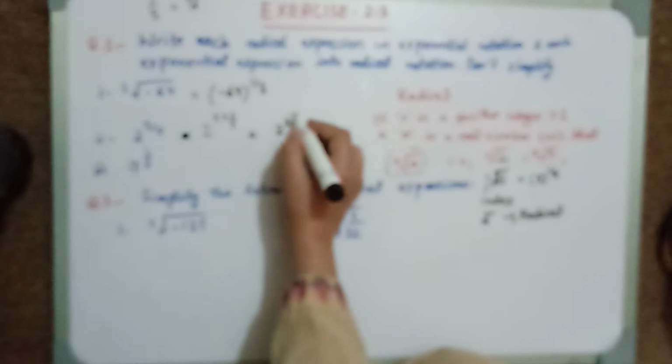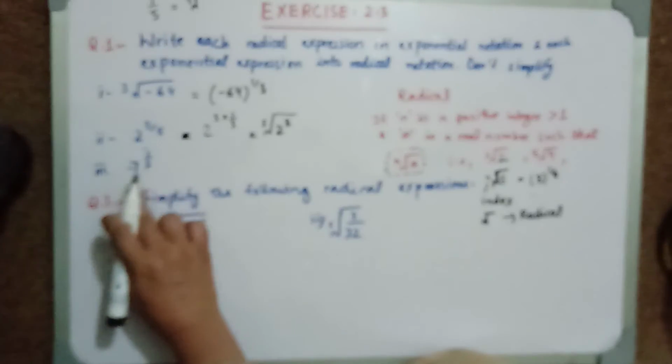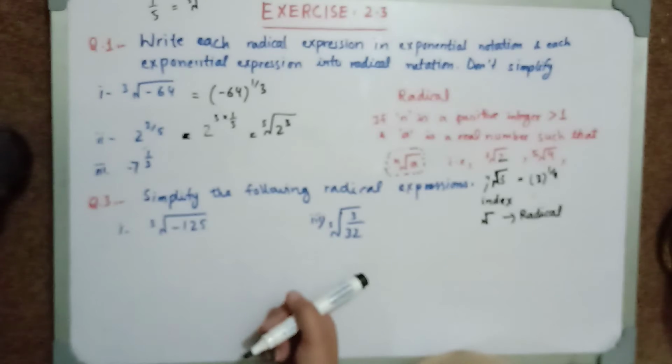The reason is that I need this form, 1 over the power, because that would become the index in the radical expression. So now this 2 raised to the power 3 will be here, and I know that I can write 1 over 5 as this radical, so I'm going to write it as this radical expression.